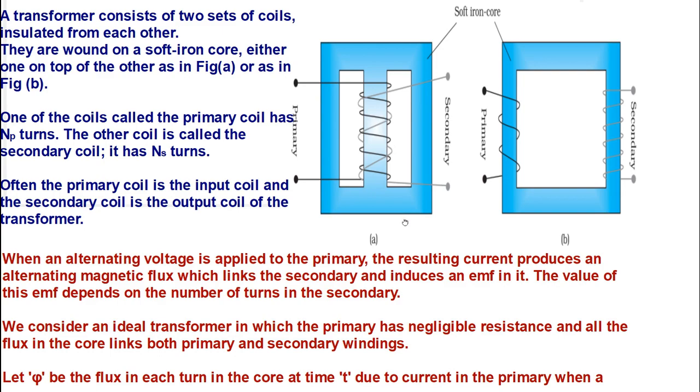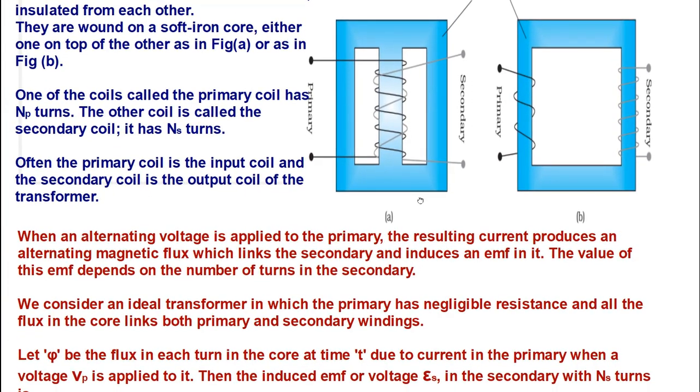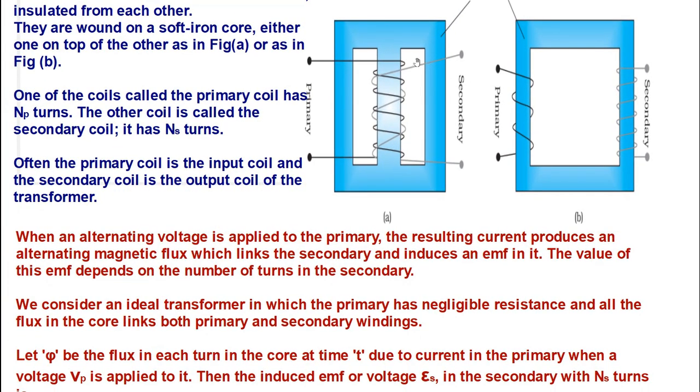If phi is the flux in each turn of the core at time t due to current in the primary, when a voltage Vp is applied to the primary, the induced voltage across the secondary is Es or Vs.